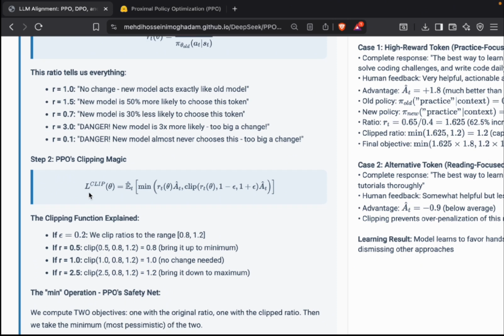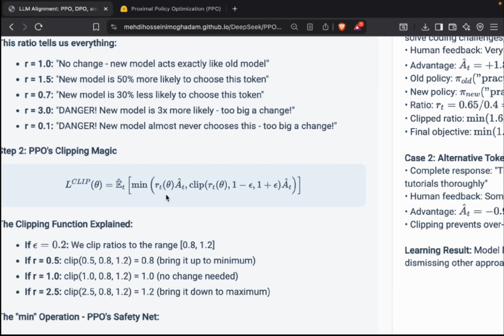So what PPO does is it uses a concept called clipping. As you can see from this equation, I calculate the ratio and multiply the advantage by that ratio.